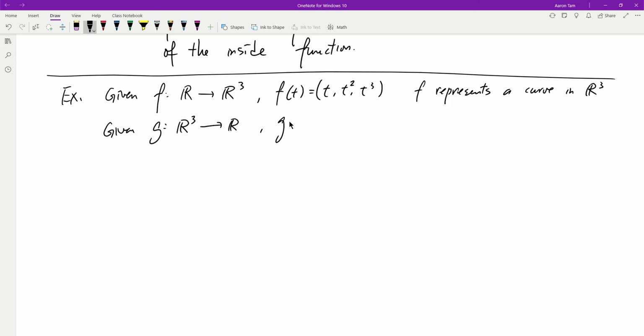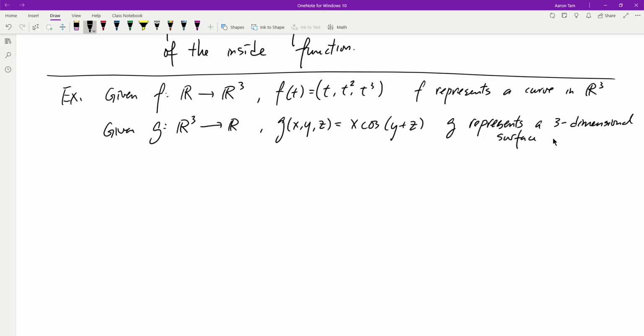Let's say function g of x, y, z is equal to x cosine of y plus z. Notice that in this case, g represents a three-dimensional surface in R^4.